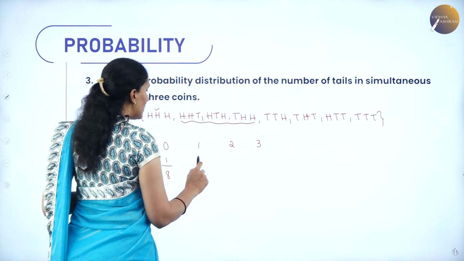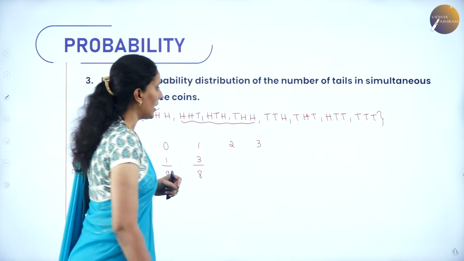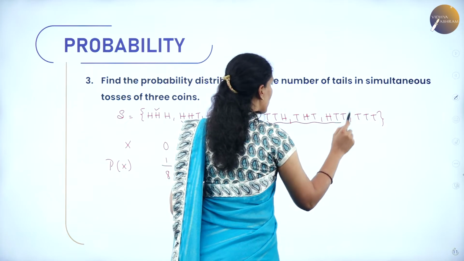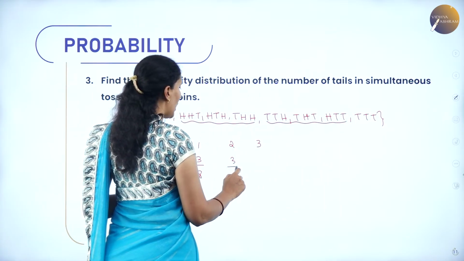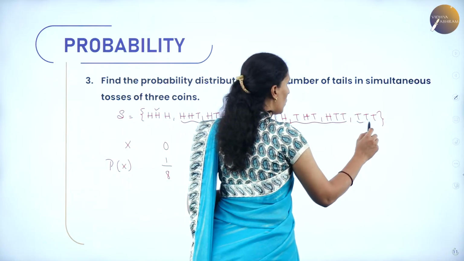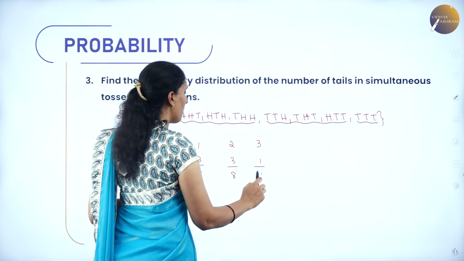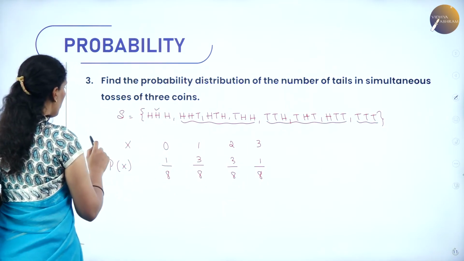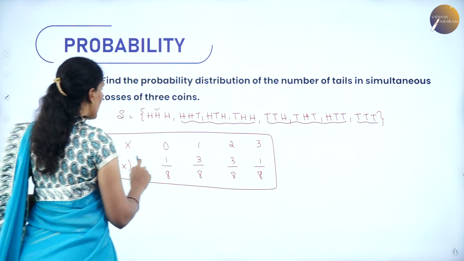So that is 3 out of 8. How many outcomes contain only 2 tails? These 3 outcomes. So 3 out of 8. How many outcomes contain 3 tails? Only 1 out of 8 outcomes. So therefore the probability is 1 by 8. So this is the probability distribution for the given experiment.